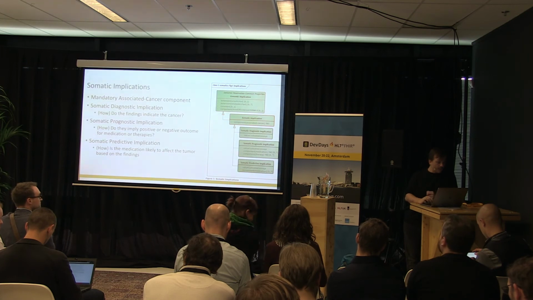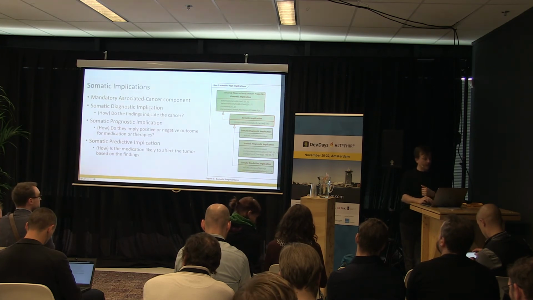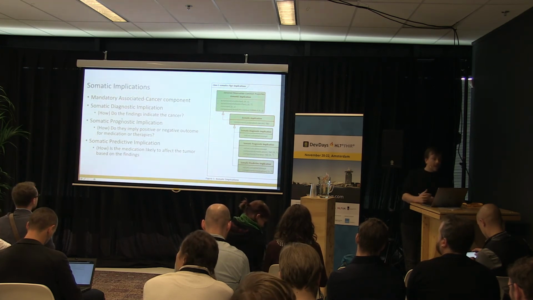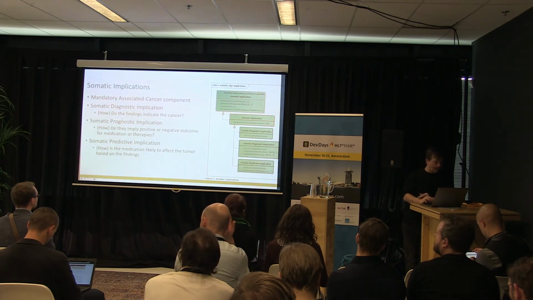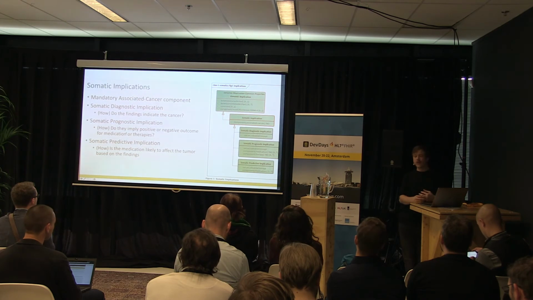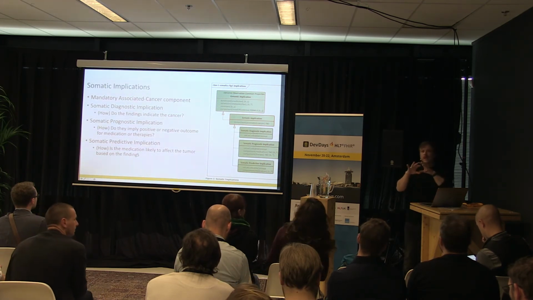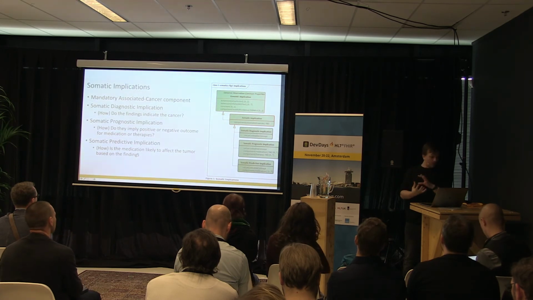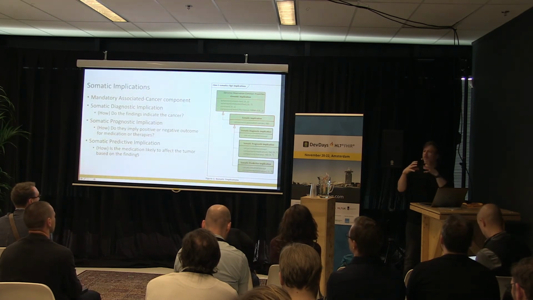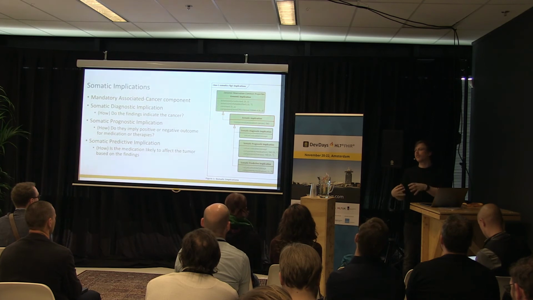So we have the somatic diagnostic implication. How do the findings indicate the cancer? Then we have the prognostic implication. Do they imply positive or negative outcome for medication or therapy? So this is purely patient-focused. So prognostic is really the prognosis for this patient.